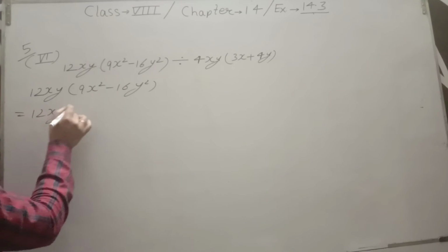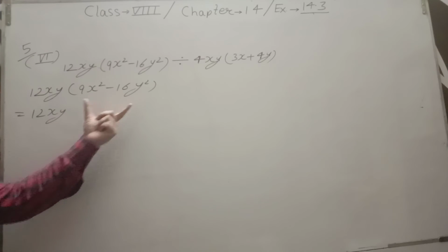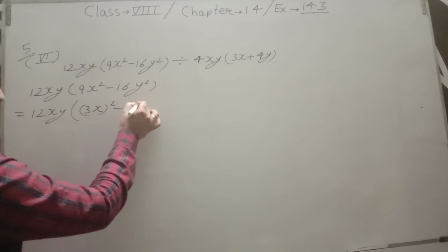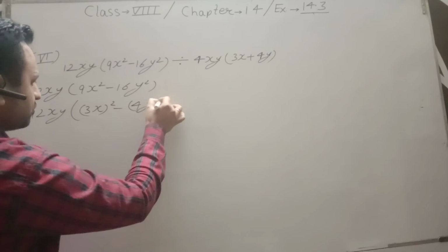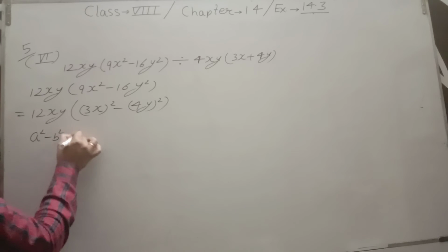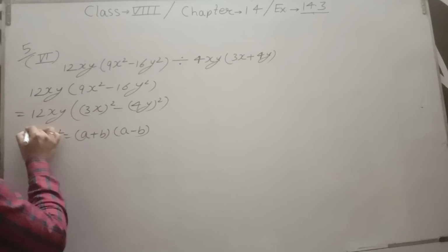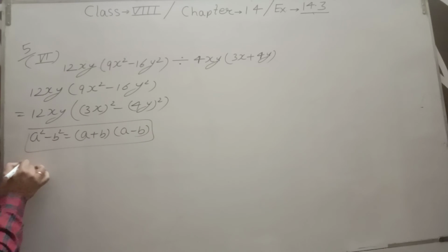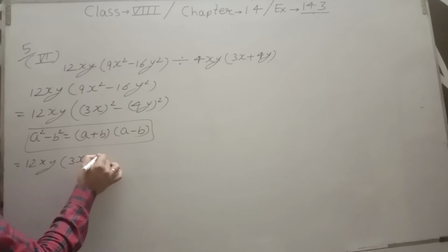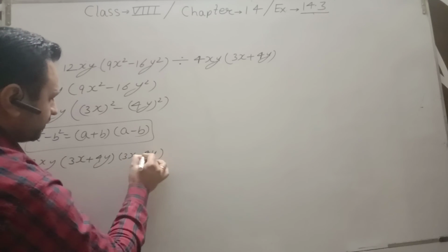In this numerator, these two terms can be converted into perfect squares, (3x) whole square minus (4y) whole square, and we can use the identity a square minus b square is equal to (a plus b) into (a minus b). After applying the identity, in the first bracket 3x plus 4y and in the next bracket 3x minus 4y.